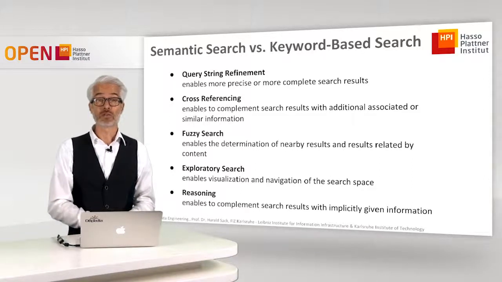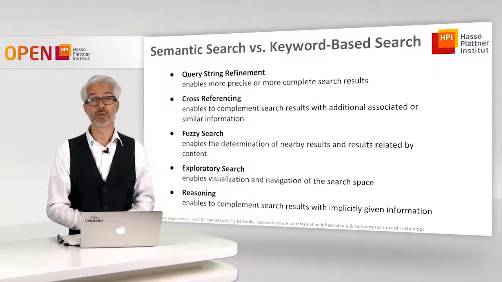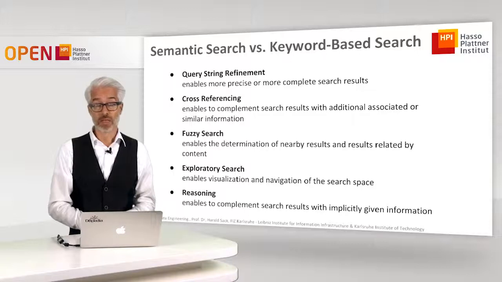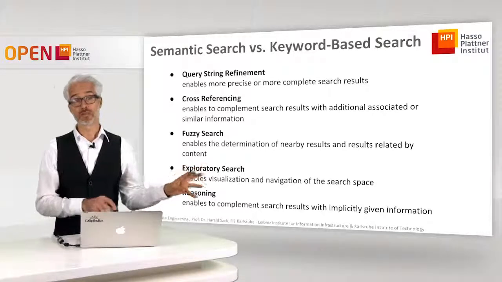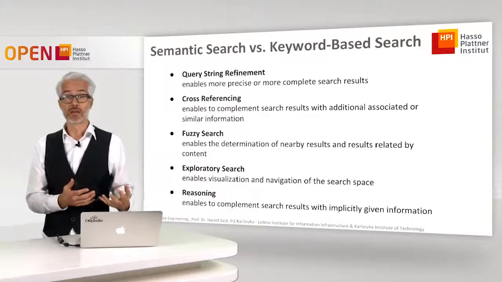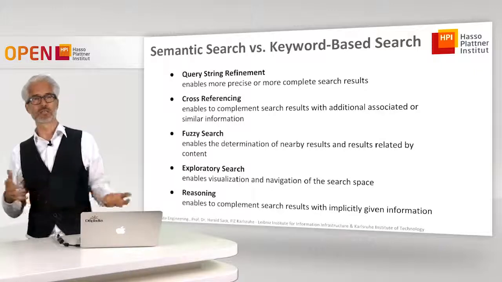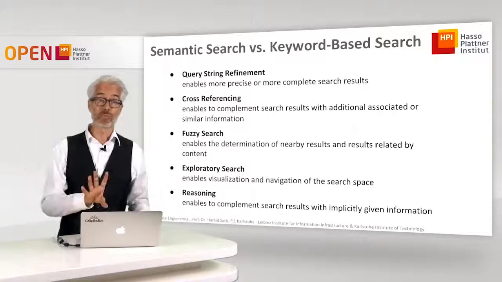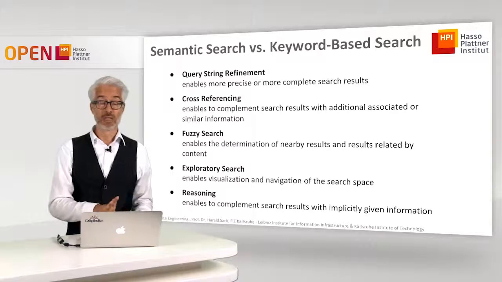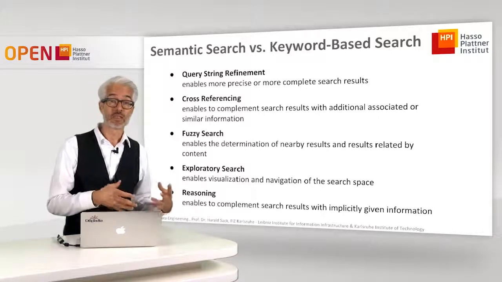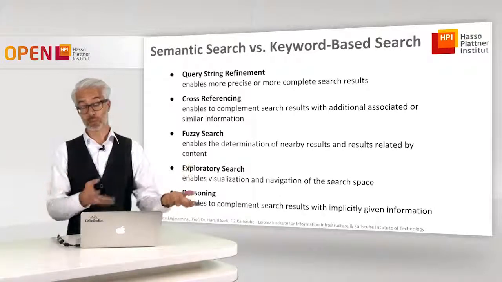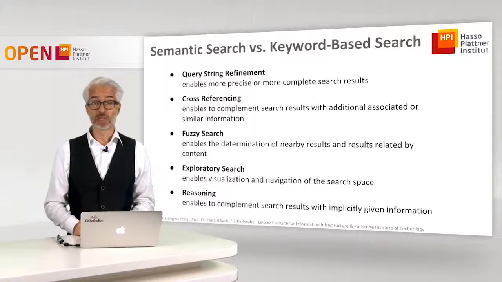You can enable cross-referencing, which complements your search results with additional associated or similar information. You can easily implement a fuzzy search, which enables the determination of nearby results, or results which are only related close by to the content you were looking for, which leads us to a point which is called exploratory search, that enables also the visualization and navigation of the search space. We will later see examples for that.